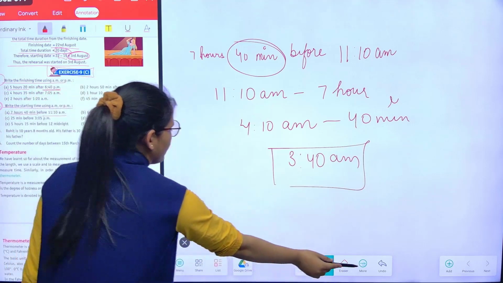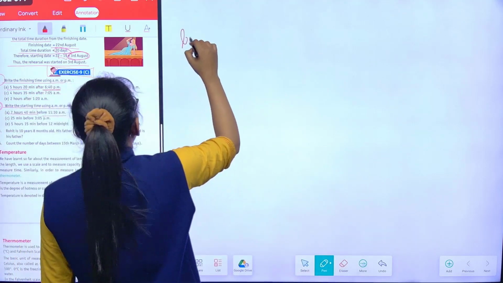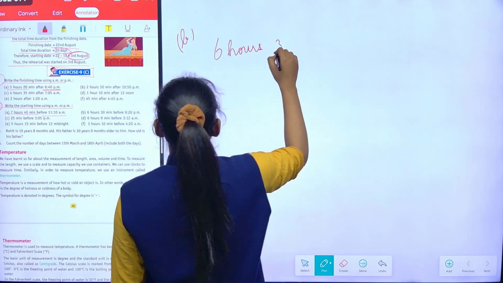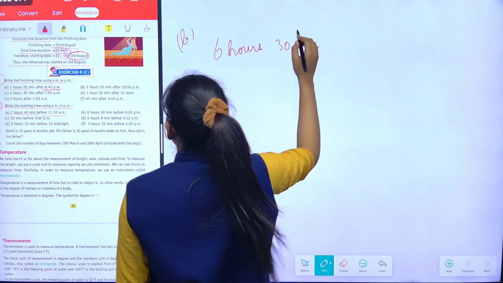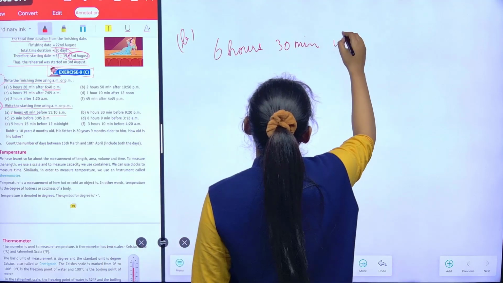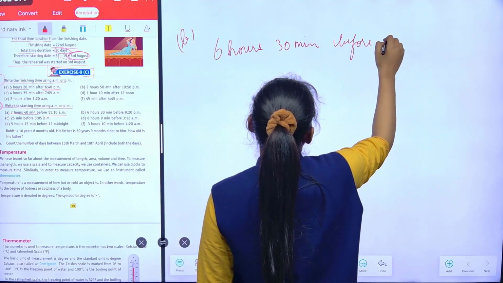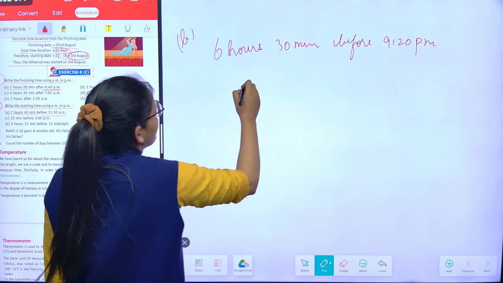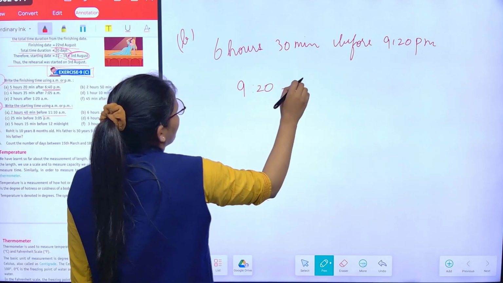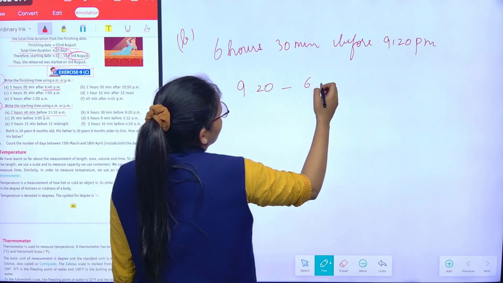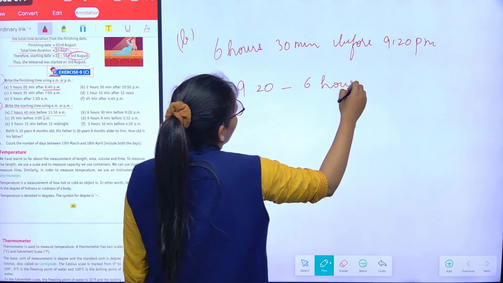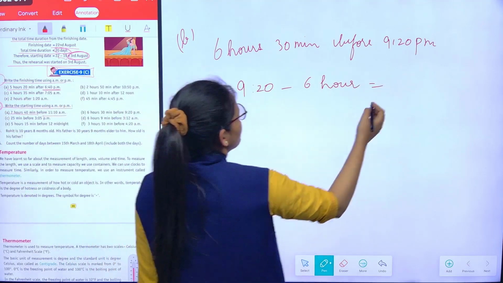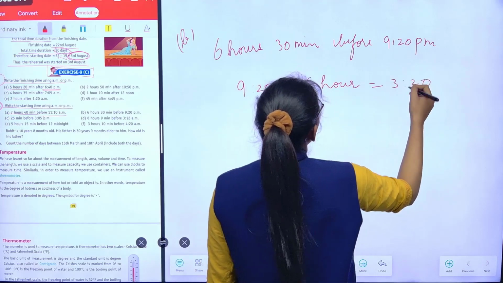Now class, see the B part. Now 6 hours 30 minutes before 9:20 p.m. Now class, again 9:20 minus 6 hours, that is 3 hours 20 minutes.